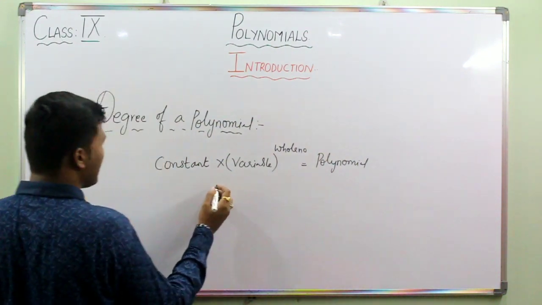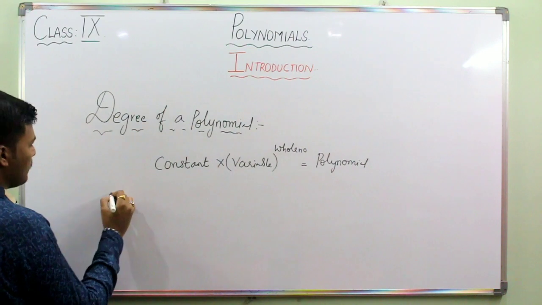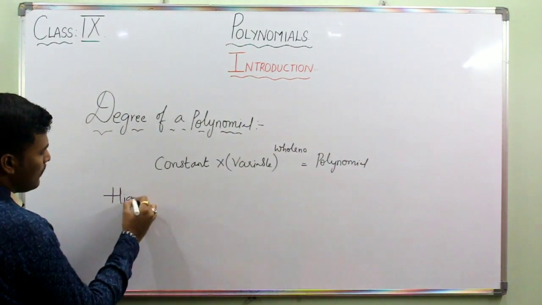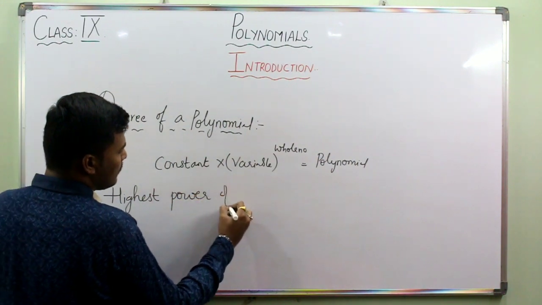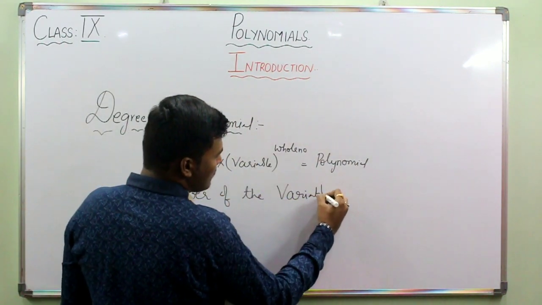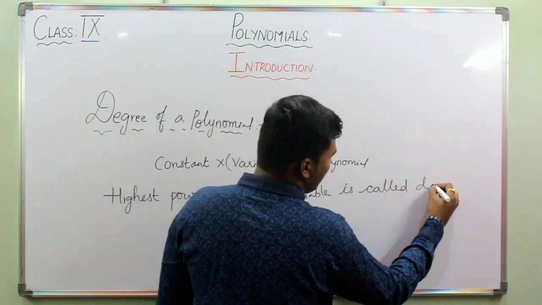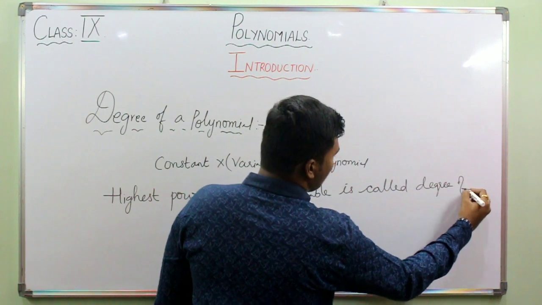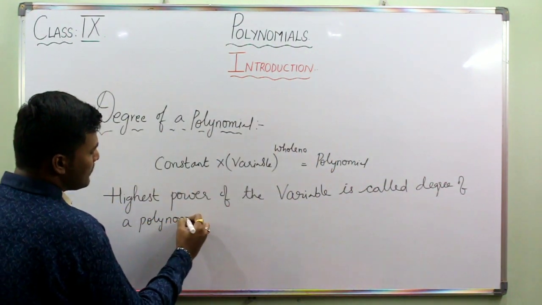So degree is nothing but this power: the highest power of the variable is called the degree of the polynomial.